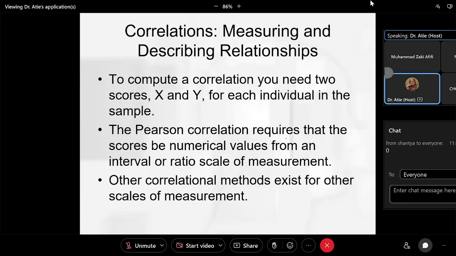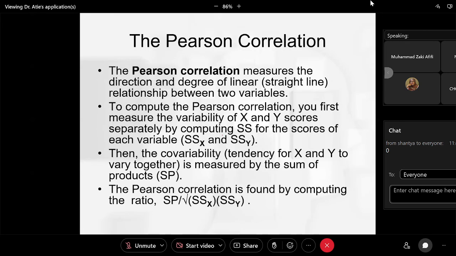The one that we use is called the Pearson correlation. Why Pearson? Because Pearson is the person who was responsible for introducing the correlation coefficient formula.